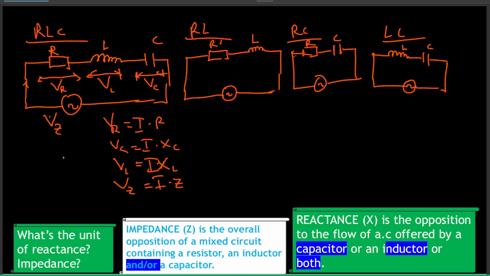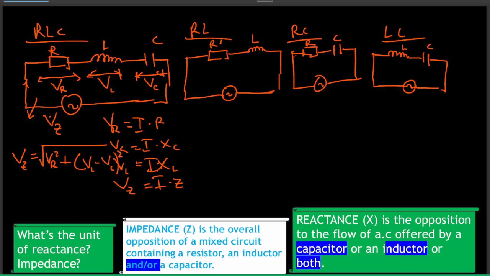So for this one, let's start with this circuit. Now I'm going to list out the formulas, then we solve the problem, and then I'll show you how to derive them. So here, start with V. VZ is equal to, for this circuit, the square root of VR squared plus (VL minus VC) squared.